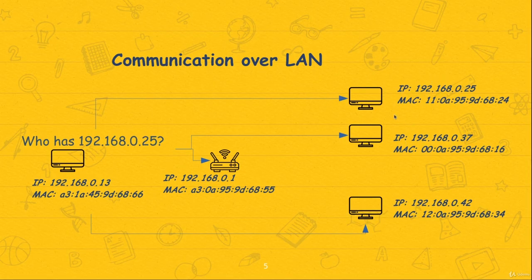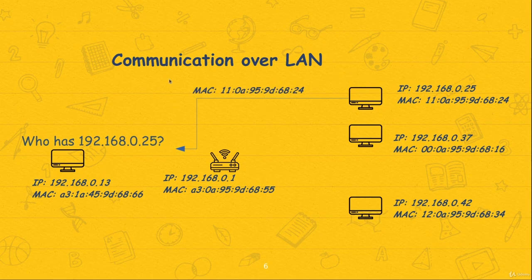Similarly, this device will now send back a response. This is called an ARP response, and it says: I have a MAC address with this value. In response, it replies with its own MAC address, which is 110.A95.90.6824.